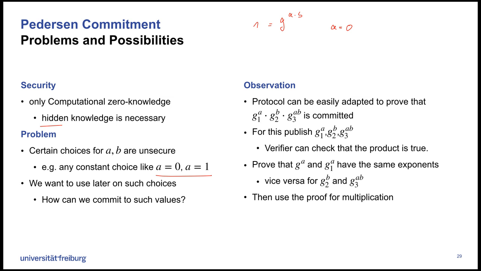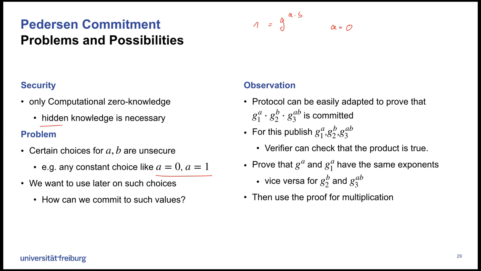But this is somehow bad, because you want to prove maybe that you have 5 euros and the other one has 3 euros. And then you want to prove that now you have 3 times 5, 15 euros or something like that. But 3 and 5 are small numbers. You don't want to prove that you have a very large number of euros. Maybe you want to prove that, but you don't have it.